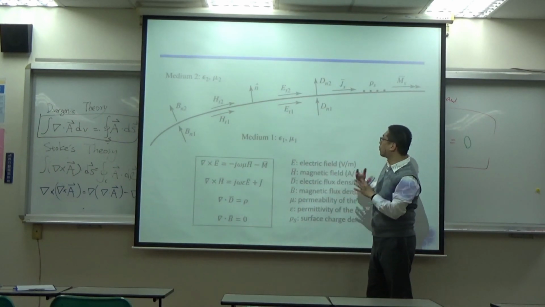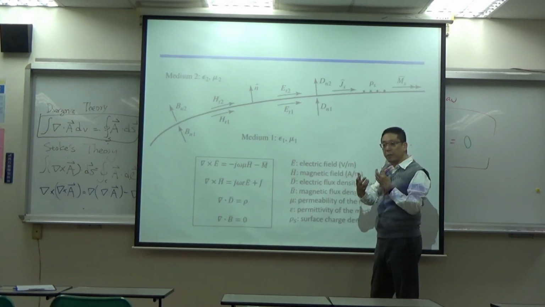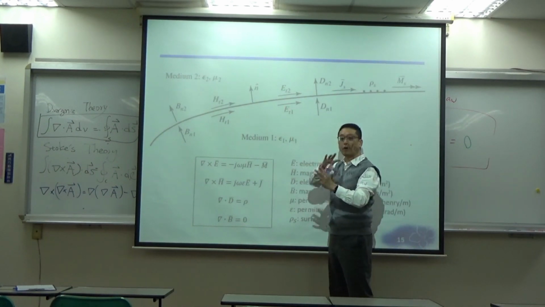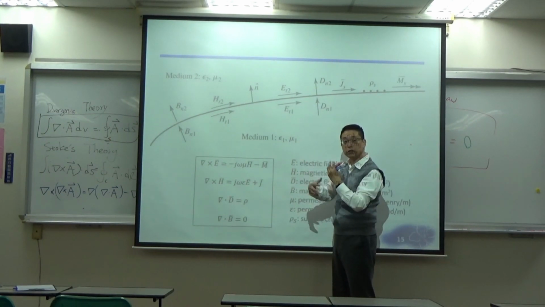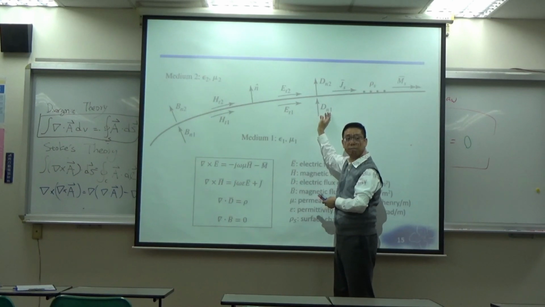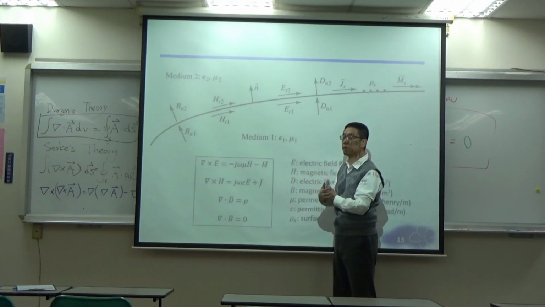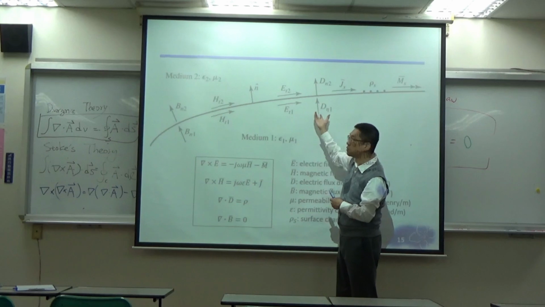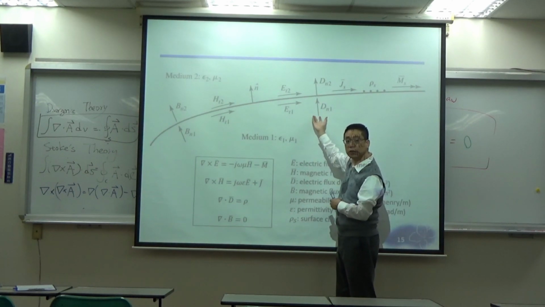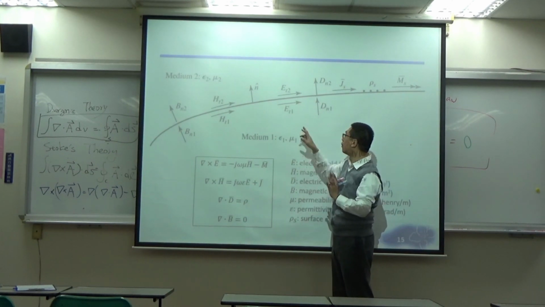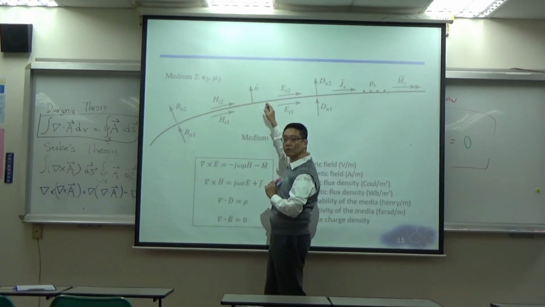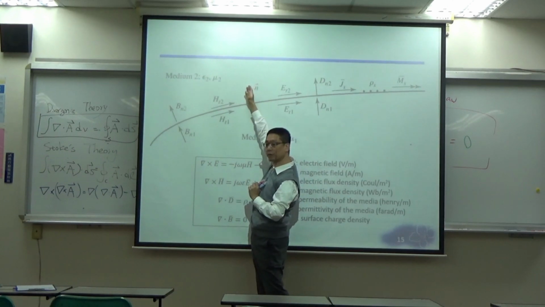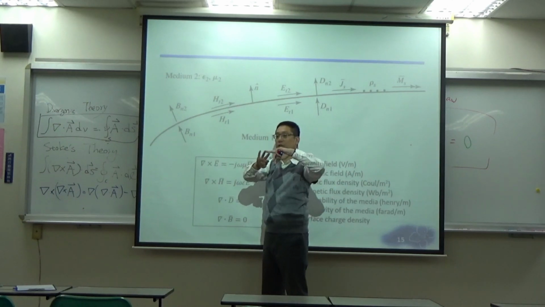Of course, your E is supposed to have all the directions. E and D have all the directions. This is the result. Finally, this result will be used at the end. You should have all the E, D, B and H for material number 1, and similarly for material number 2. So you have these 4 vectors.